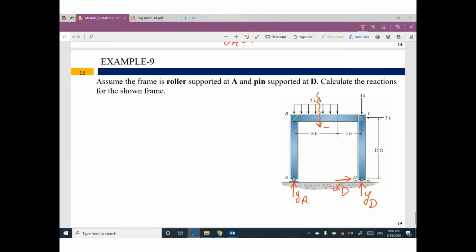So 4 feet from this side and another 4 feet from the other side. Mid distance for the 8 feet. What is the value for this equivalent force? It will be the value of the distributed load 2 times the total length of this distributed load 8. So 2 times 8 will be 16 kb.